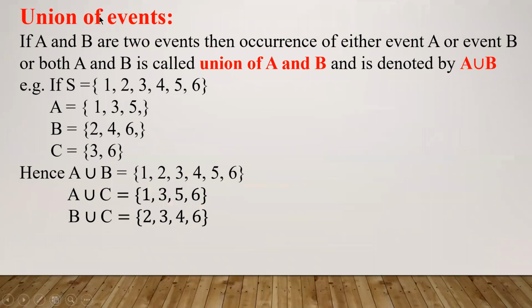Then yesterday we saw the union and intersection of two events. If A and B are any two events, then the occurrence of either of the two events, either event A or B, is called A union B, and it is denoted by the U symbol for union.